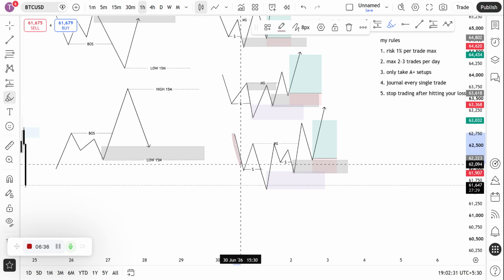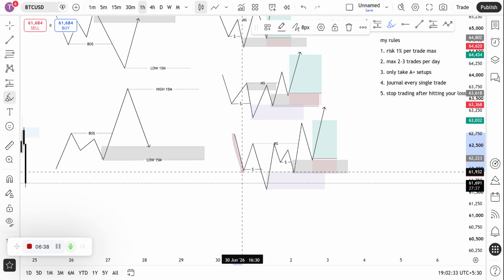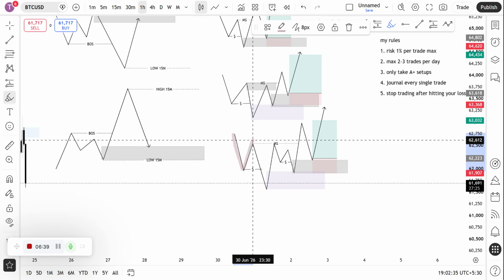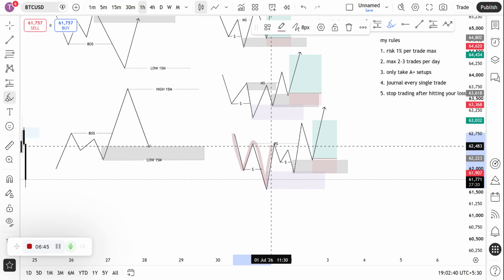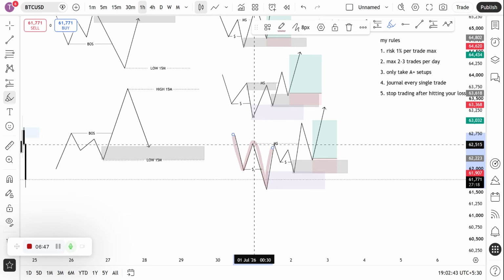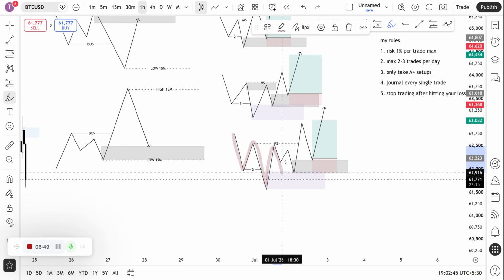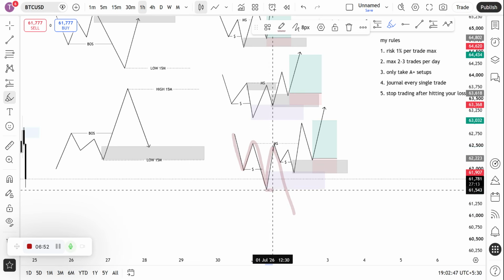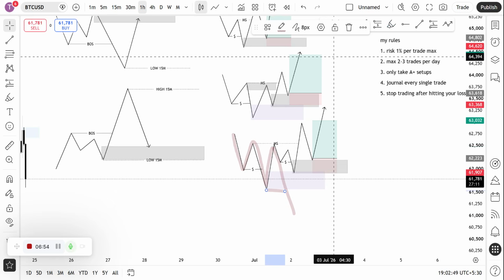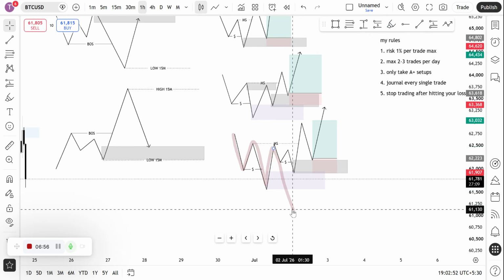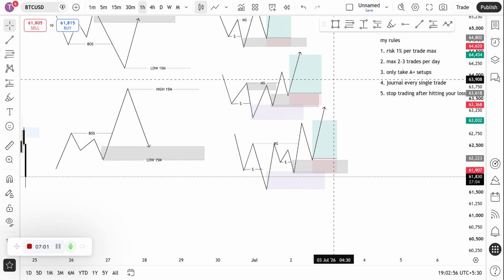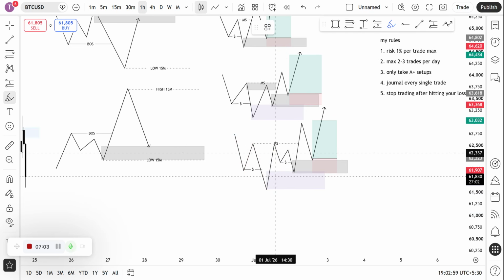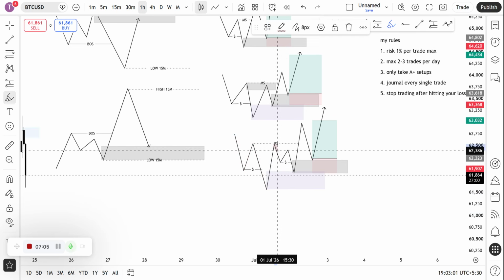So number one, the market induces the retail traders, and then came back here, swept all the liquidities, and then came to my order block. If this order block has to work, it was supposed to cause a break of structure right here. But because the bulls were more than the bears in the market, they are causing the market to shift to the upside. So when the market reaches here, it tries to push down and then goes up.